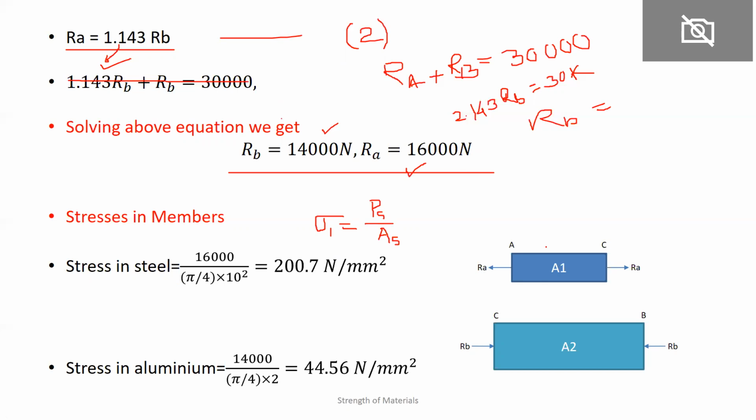The force acting is R_A, 16,000 Newton, upon pi by 4 into d square, which is equal to 200.7 Newton per mm square. And the stress in the aluminum bar is the load in the aluminum bar upon the cross-sectional area, pi by 4 into 20 square, which is equal to 44.56 Newton per mm square.